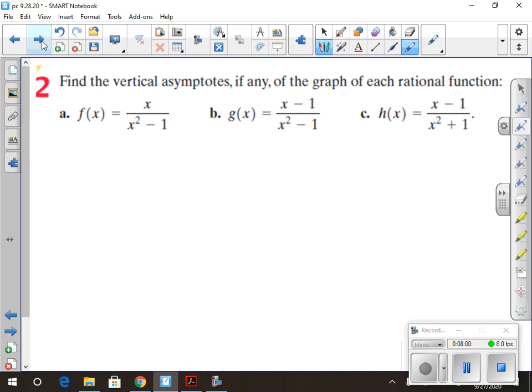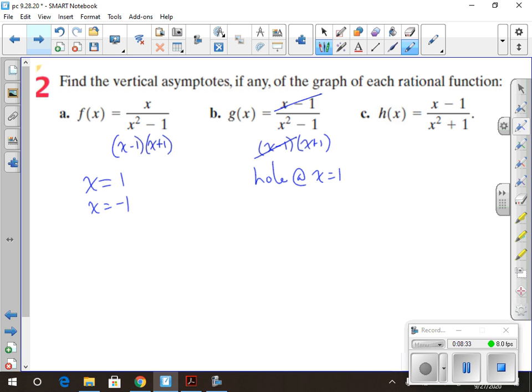All right, find the vertical asymptotes. Well, this factors into x minus 1, x plus 1. So my vertical asymptotes are at x equals 1 and x equals negative 1. For g of x, this factors into x minus 1, x plus 1, where the x minus 1s will cancel. Okay, so we're going to have a hole at x equals 1.